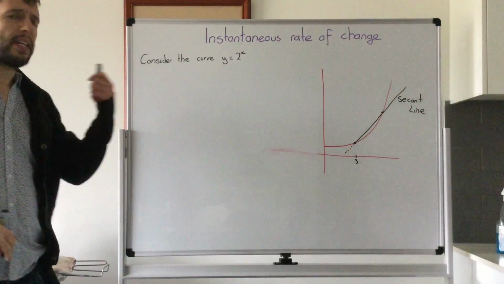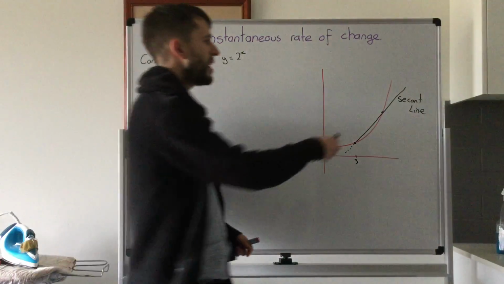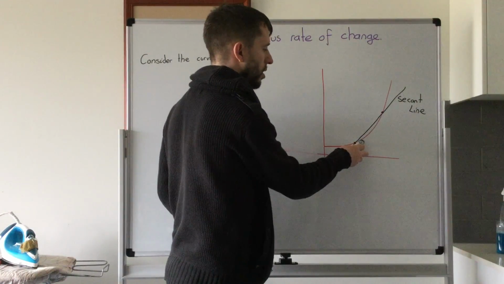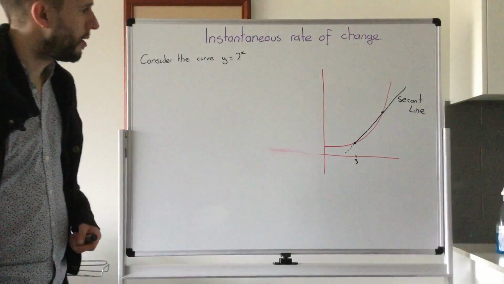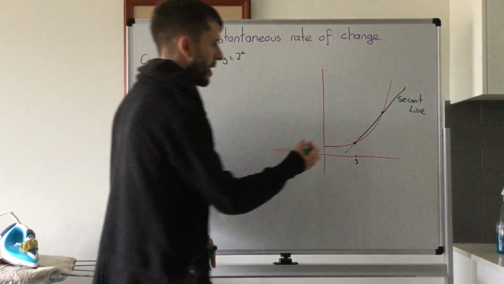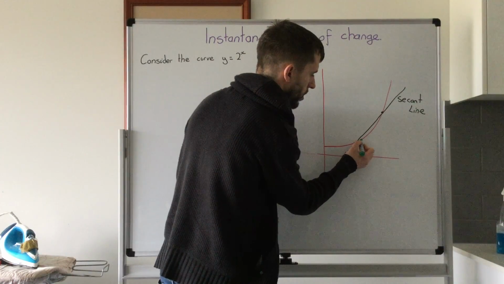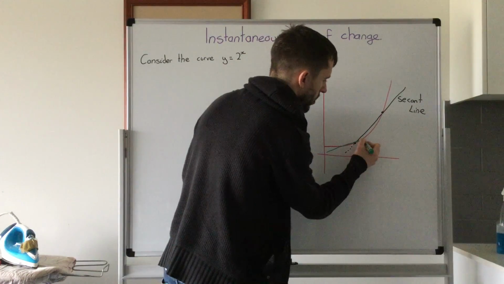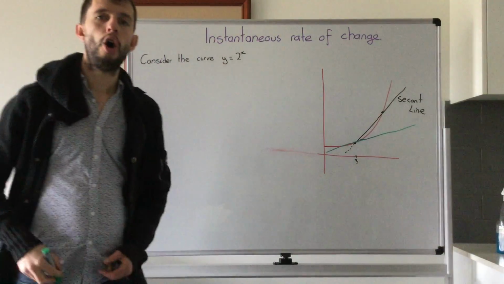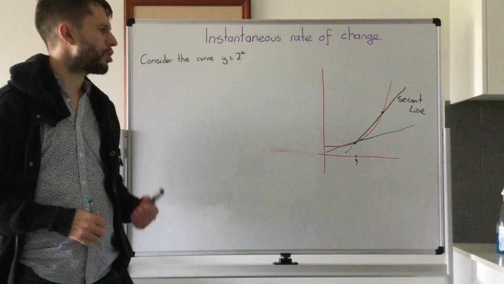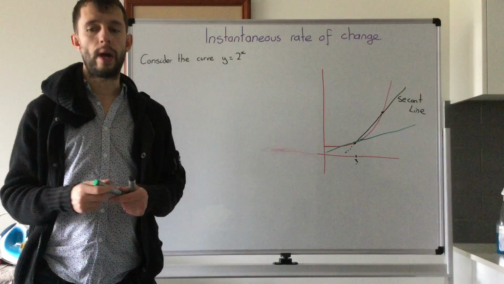Now, for us to get instantaneous rate of growth or an estimate, we need to make this second point as close as possible to the 3. So if I make it as close as possible, I'll put it here, then I am going to get a more accurate picture of the rate of change. And that is how we will be able to get the instantaneous rate.